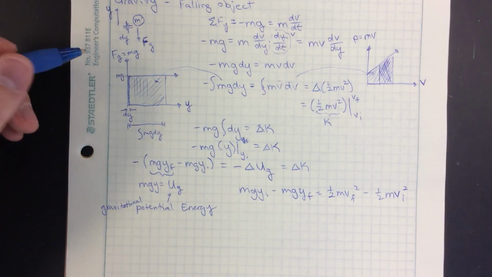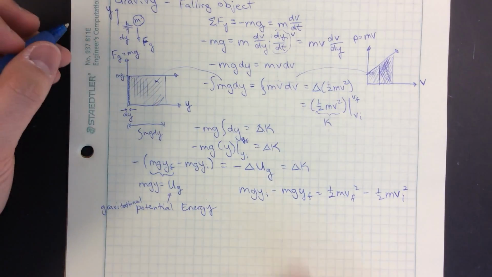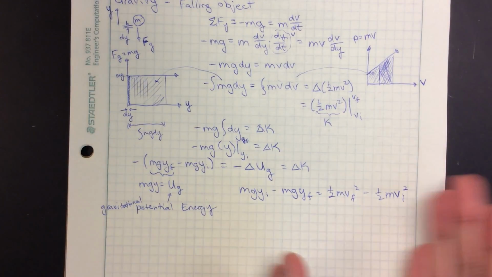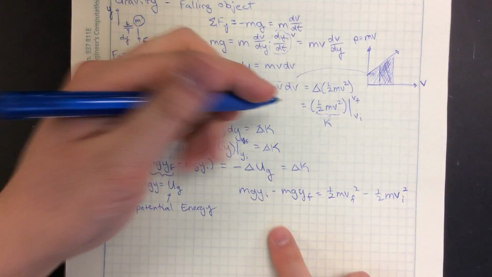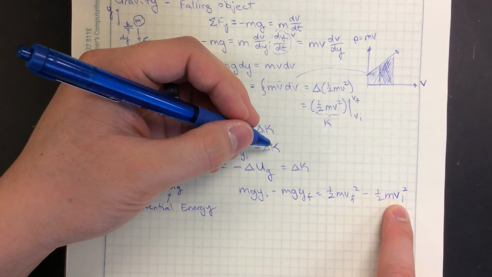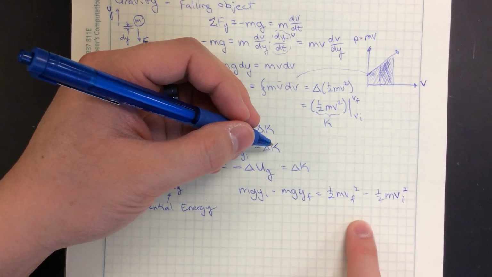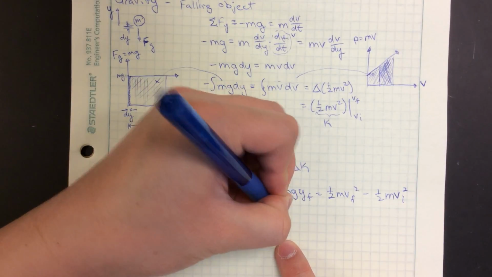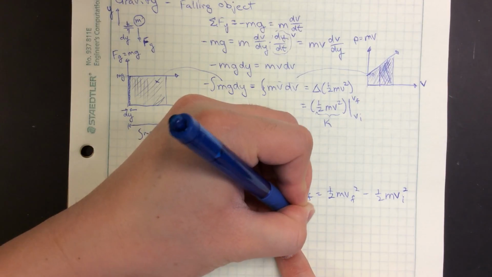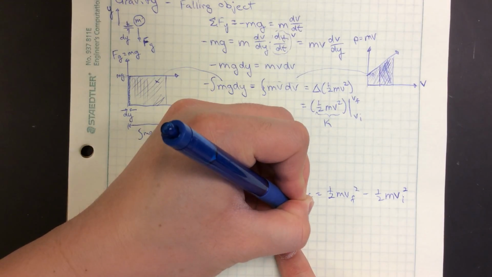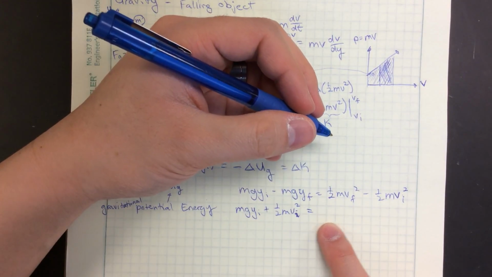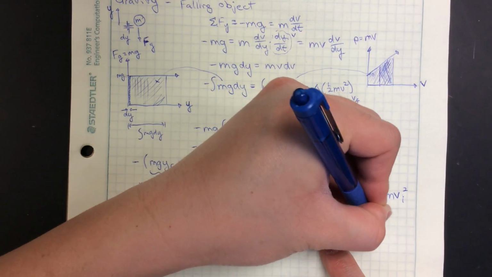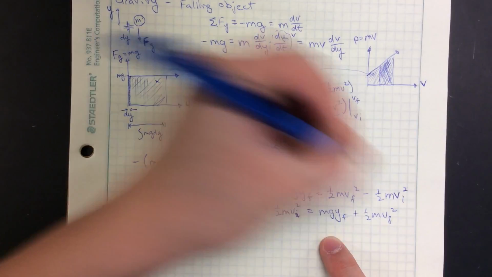Okay. So what I can do from here is put all my initial stuff on one side and all my final stuff on the other side. So I'm going to add this over to the left and this over to the right. So you get mgy initial plus 1/2 mv squared initial equals mgy final plus 1/2 mv final squared.